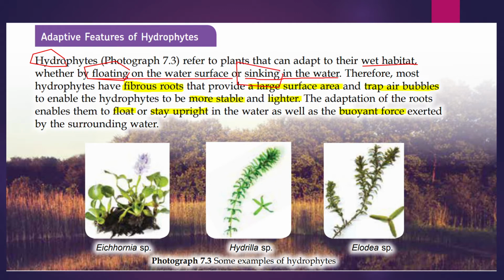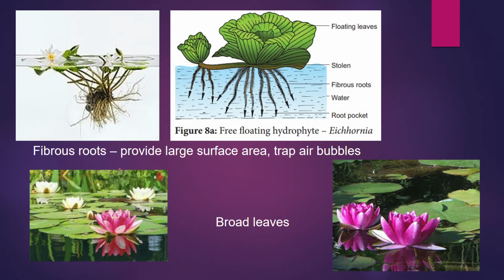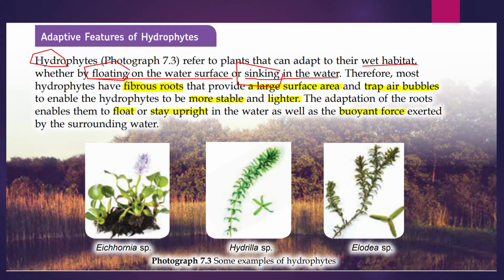Okay, so therefore most hydrophytes, first we mention about the roots. Okay, jangan lupa sebut dia ada fibrous roots. Fibrous roots, tengok ada gambar macam ni. Akar serabut. Okay, with tiny hairs like this. So what's the rationale of having fibrous roots?